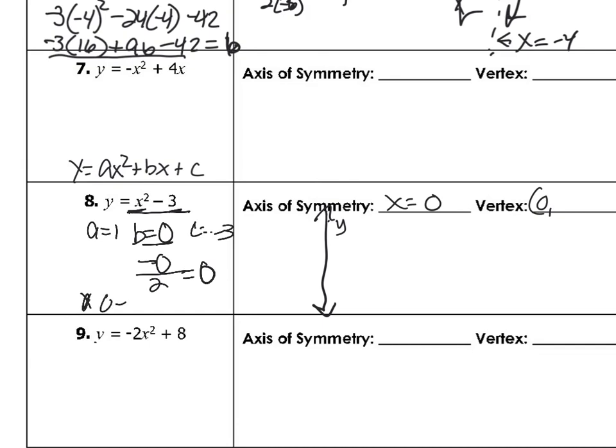So it'd be 0 minus 3, so negative 3. And it's positive a, so it's going to be going upward. And your vertex is 0, negative 3.